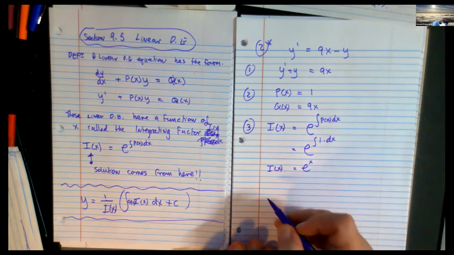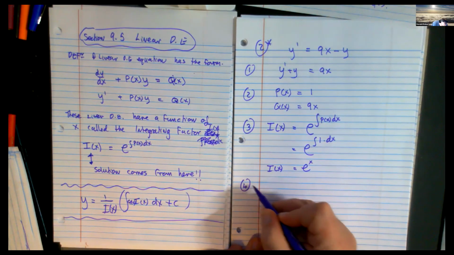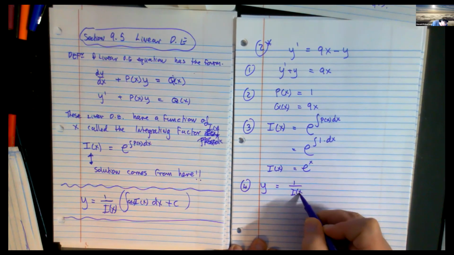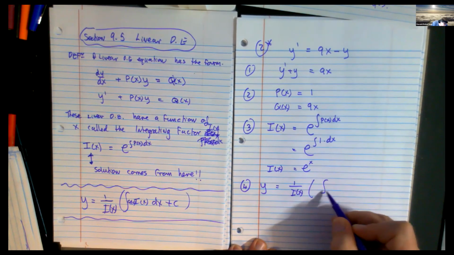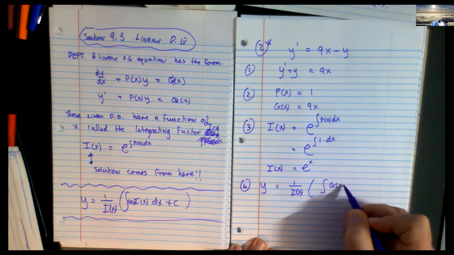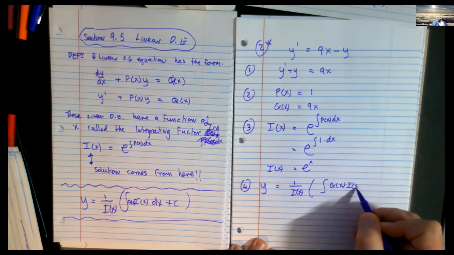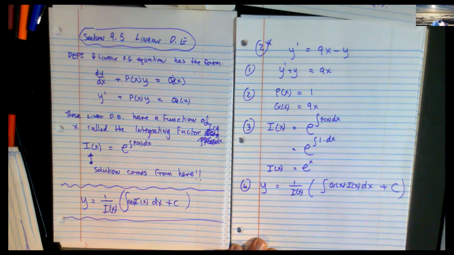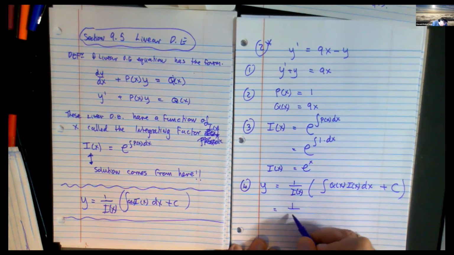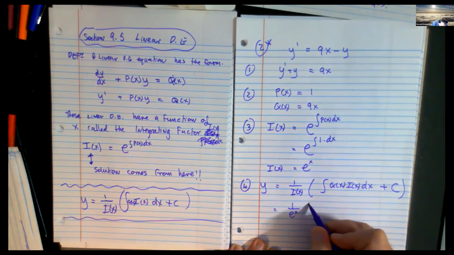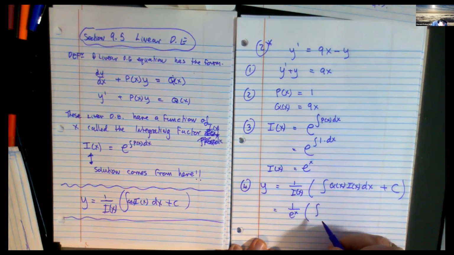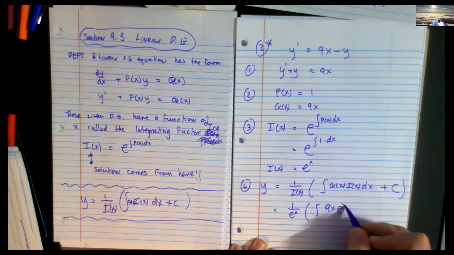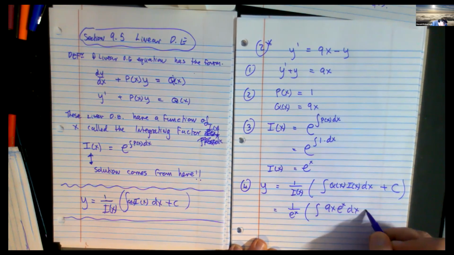Step 4, get the solution. 1 over I(x), the integral of q(x) I(x) dx plus a c. 1 over e to the x, the integral of 9x e to the x dx add c.